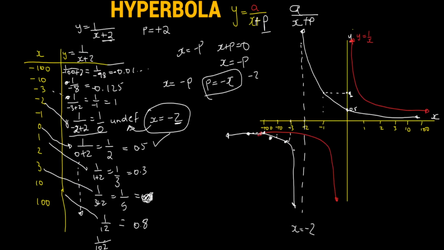But this is what you need to note. We already spoke about the fact that it is not defined by the line x is equal to -2. And now something else that we noted is that it also shifted along the x-axis. You can see that it shifted. First of all, this was your vertical asymptote, which was x equal to 0.